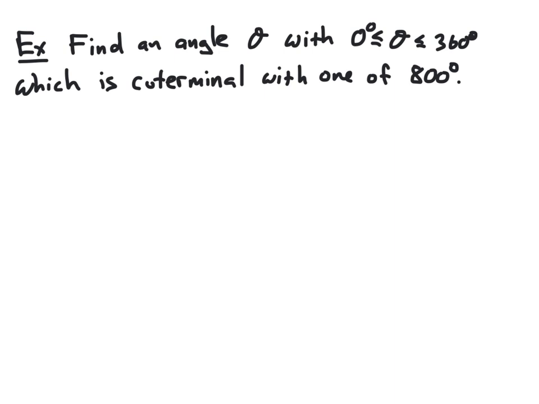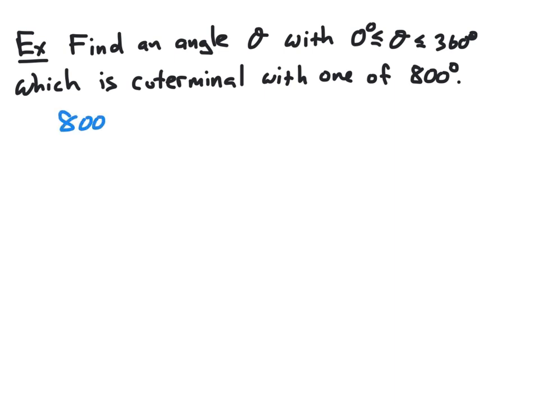In this example, we'd like to find an angle theta with degree measure between 0 and 360 degrees, which is coterminal with one of 800 degrees. Since coterminal angles have degree measure differing by multiples of 360, one approach to do this is to continually subtract 360 degrees from our angle measure until we hit something between 0 and 360.